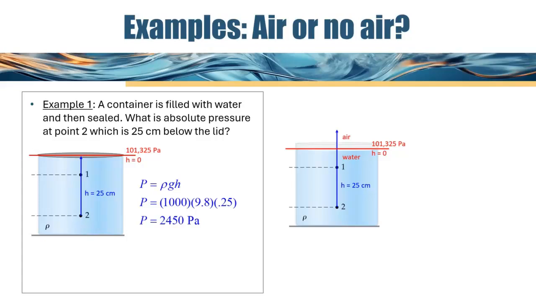So the gauge pressure at point 2 is equal to the absolute pressure. So that would be rho GH. Rho is 1,000, the density of the water, times 9.8 times my depth, or the height of the water above me. So 25 centimeters converted into meters, and the absolute pressure at point 2 is 2,450 pascals.